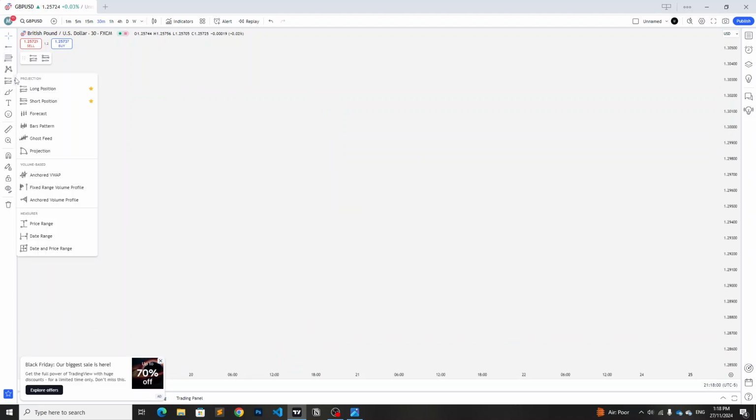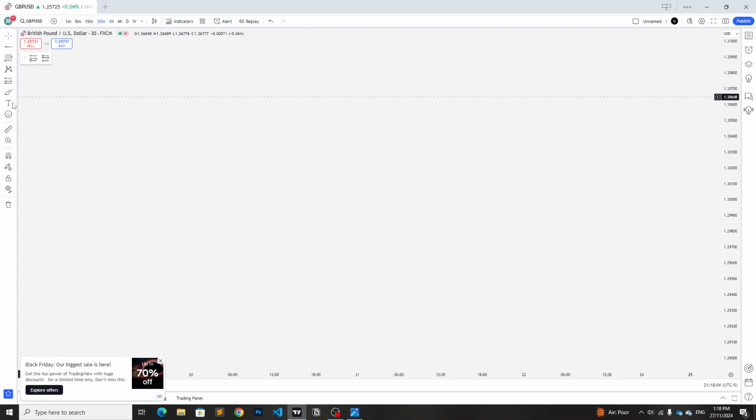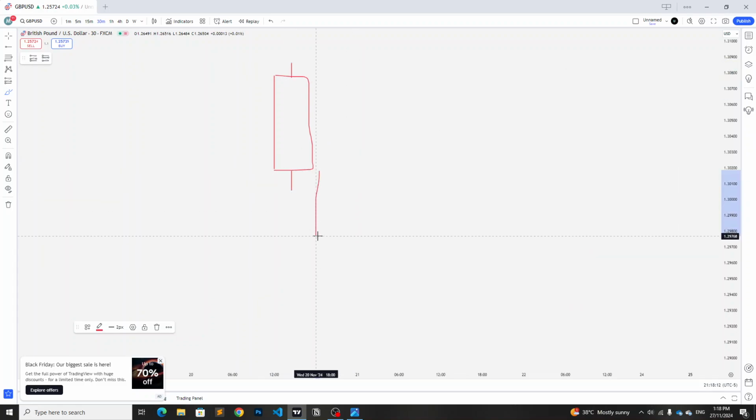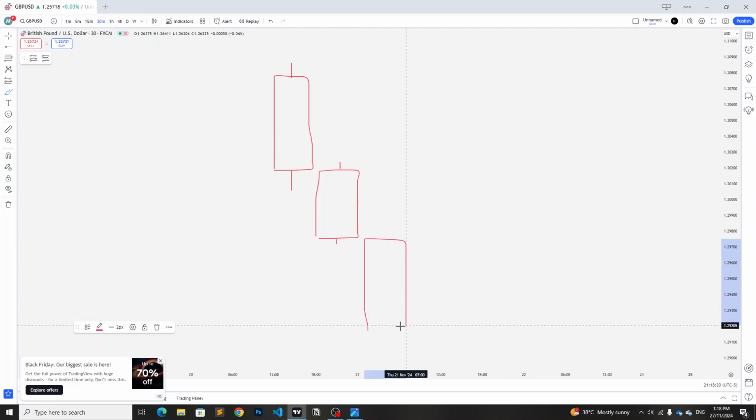Now let's look at the bearish fair value gap. Suppose that's a red candle one, red candle two, red candle three.